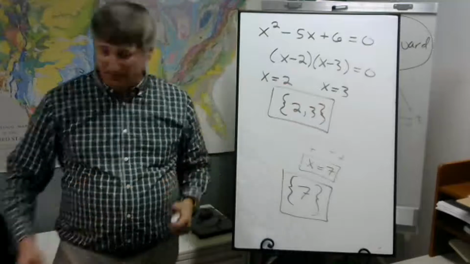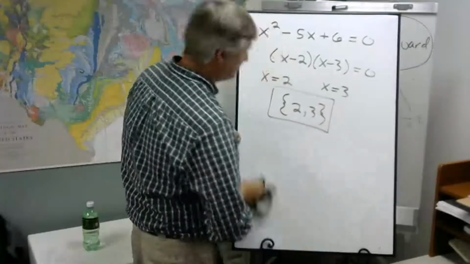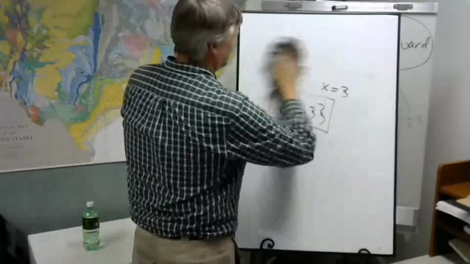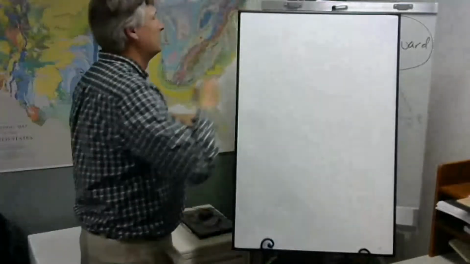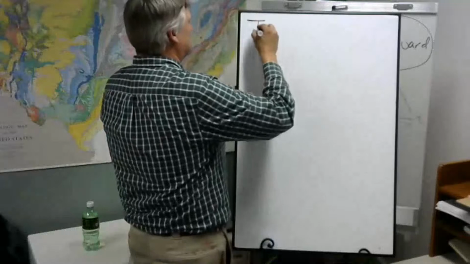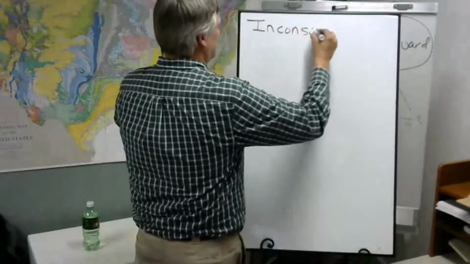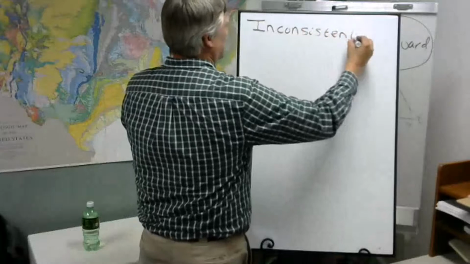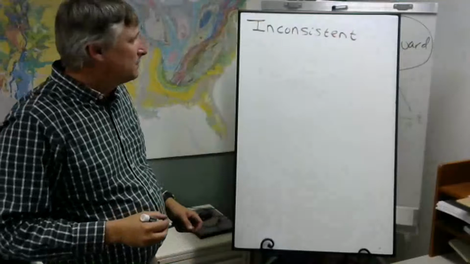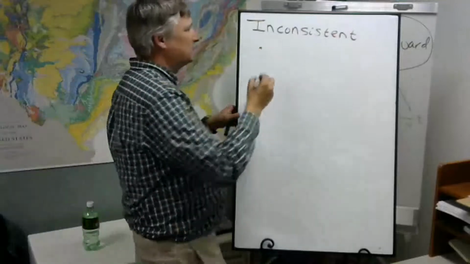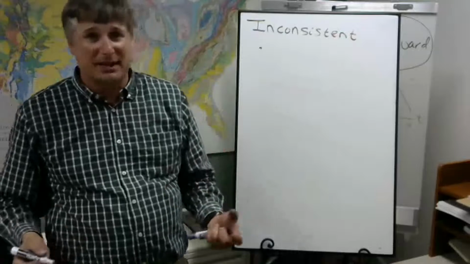Now let's take a look at a different one. Inconsistent. So for an inconsistent equation, this means the solution set doesn't contain any numbers.